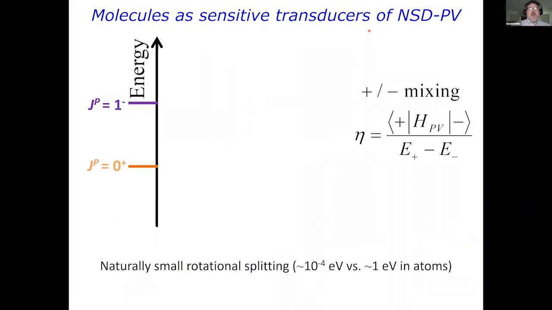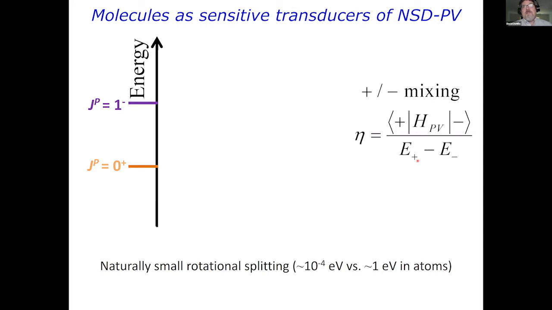We're using molecules as a way to amplify the signals from this particular type of parity violating effect, the nuclear spin dependent parity violation effect. And as always, what leads to the new physics is the mixing between even and odd parity states. And of course, just from simple first order perturbation theory, you know that that mixing coefficient is the matrix element divided by an energy denominator.